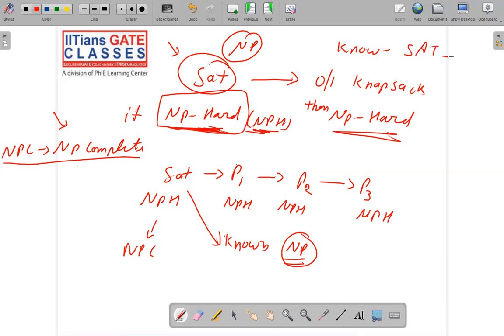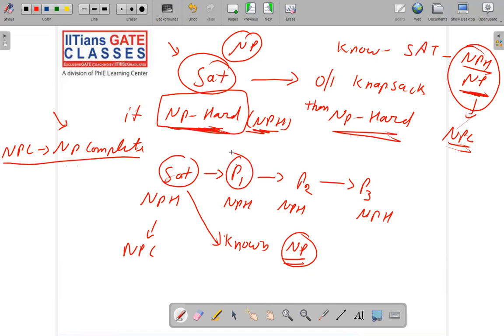Okay. So it is known that SAT is basically NP hard and NP. Whichever problem is NP hard as well as NP is called NP complete. Now there is a transitivity rule. There is a problem P1.